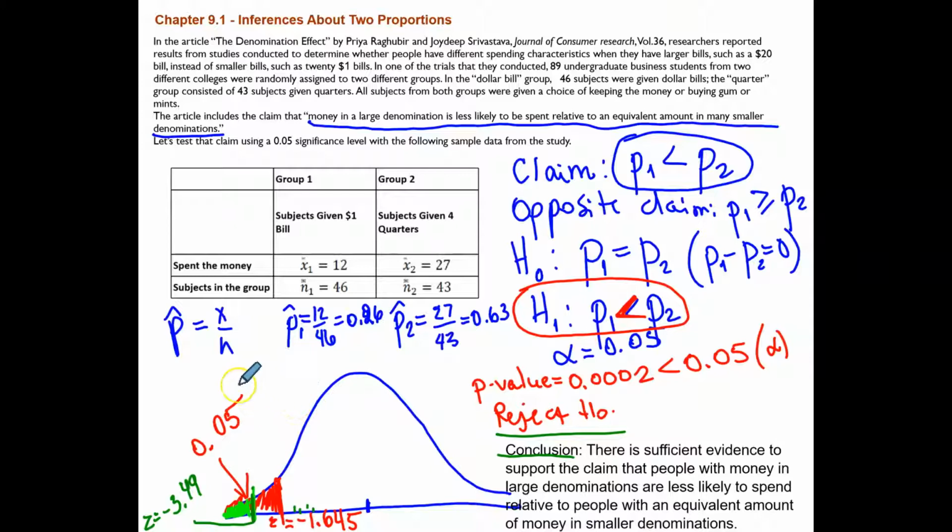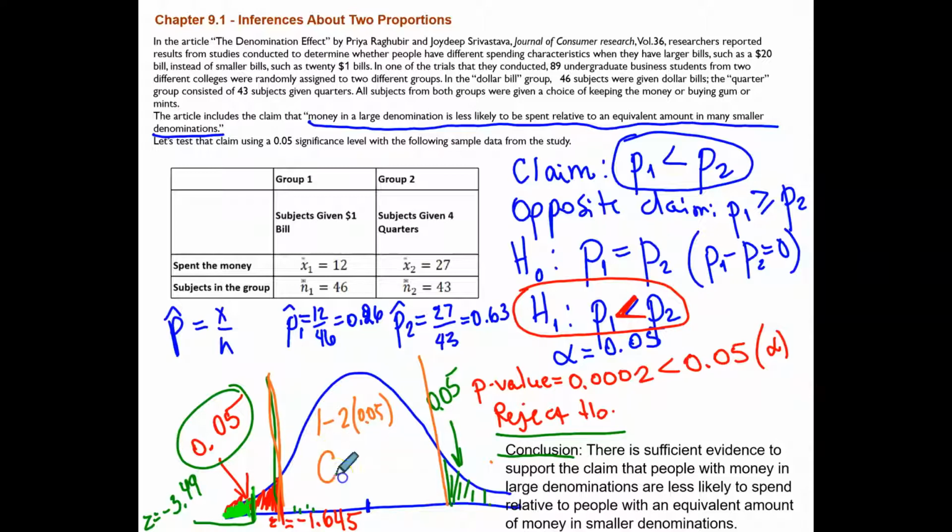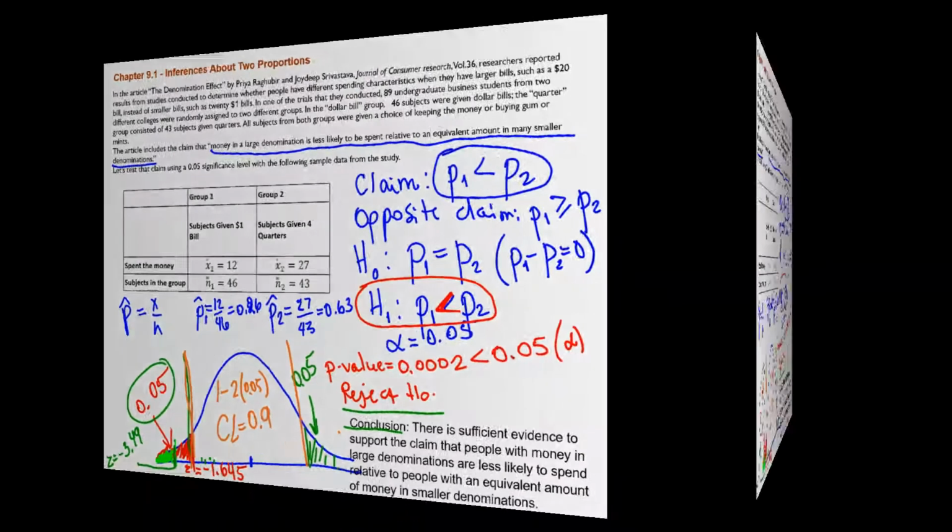Because our test is a left tail test, we need to add the right tail the same amount, 0.05 on the right. That will make it 0.05 plus 0.05, which is 0.1. 1 minus 0.1 is equal to 0.9. So our confidence level is 90% or 0.9. Let's use StatCrunch.